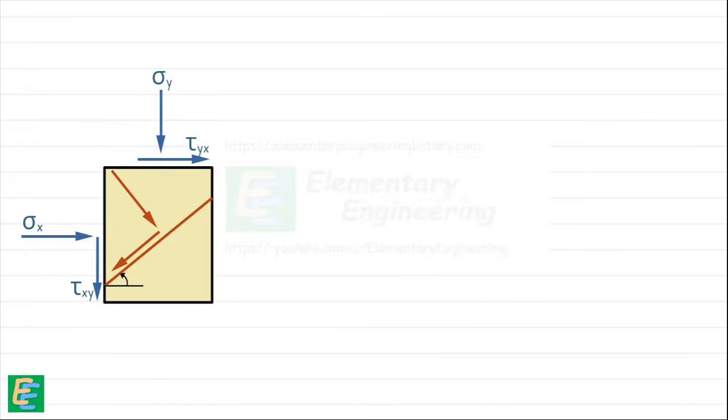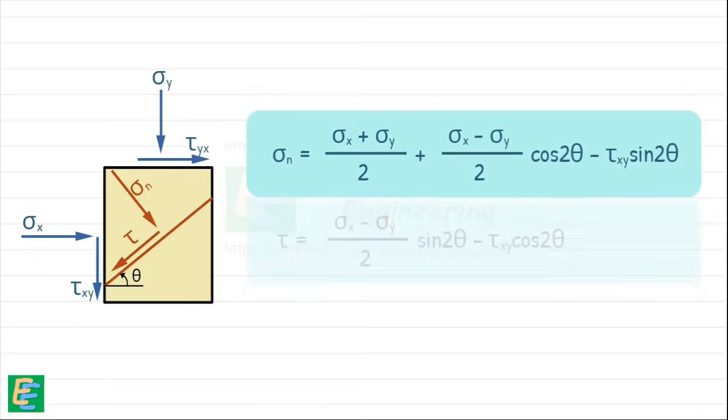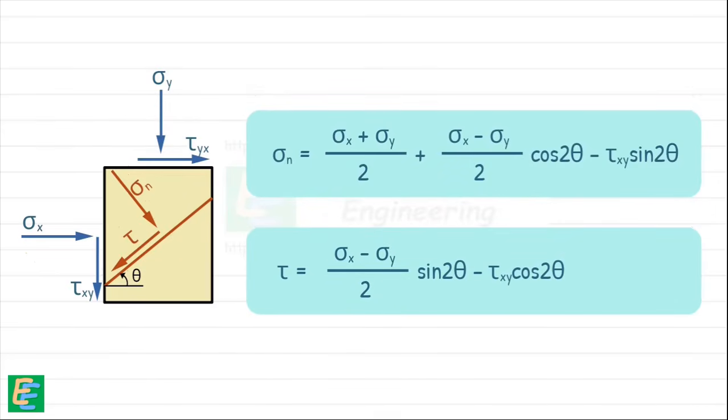And we want to know the stresses on a plane that is at an angle of theta from the plane with the stress sigma x. The normal stress and shear stress on this new plane can be given as these equations. These equations can be obtained by simply balancing the forces on the plane of interest.